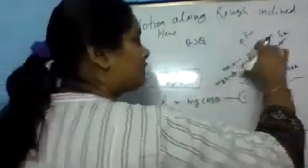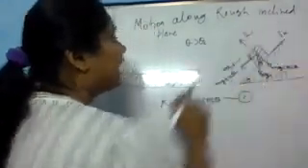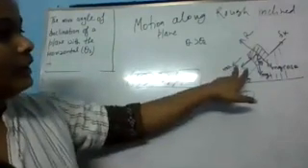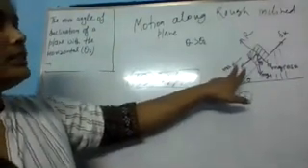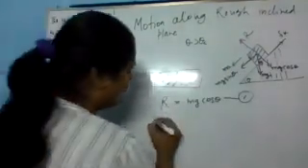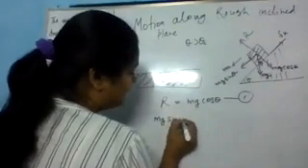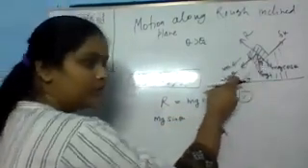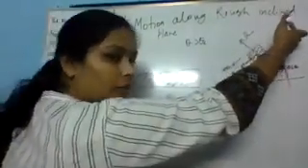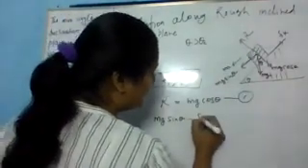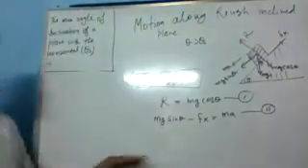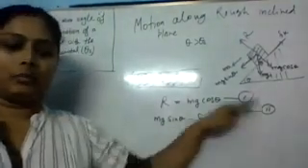So the difference of these two forces, mg sin theta and Fk, is equal to ma. Because the motion is along this direction, I'm taking this force component greater as compared to the other. So mg sin theta minus Fk equals ma. This is your second equation. Are both equations clear?